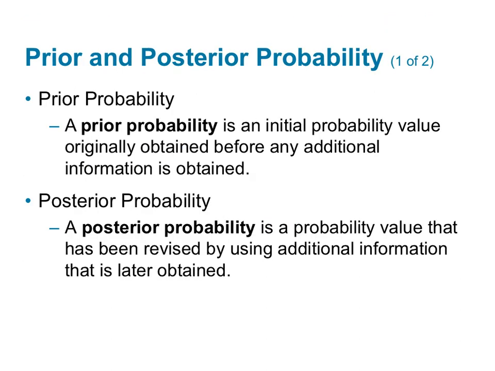Prior and posterior probability. A prior probability is an initial probability value originally obtained before any additional information is obtained, and a posterior probability is a probability value that has been revised by using additional information that is later obtained.